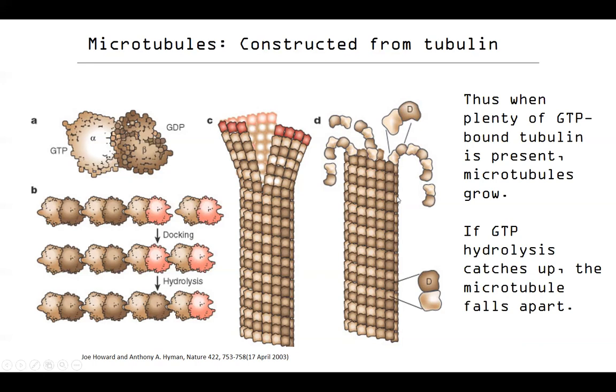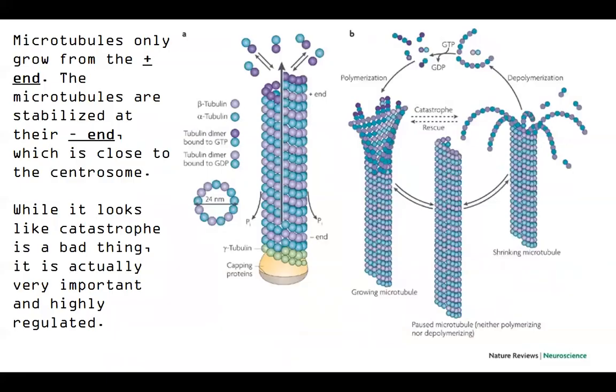And this sounds really random, but it's actually highly regulated by the cell, mostly by controlling the availability of these GTP bound forms. Okay, so we're just remembering that the GTP bound form is stable. So let's add one more detail onto this and see how it looks in a cycle.